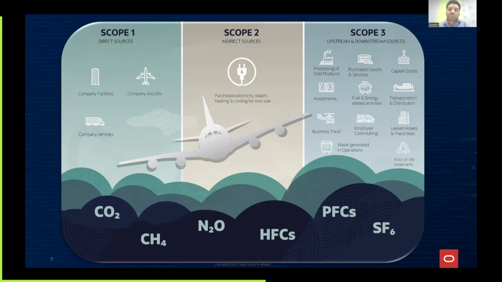And then we move on to scope 3, which is categorized as the upstream and downstream sources. To again quote an example from the airline industry, if I'm an airline company and I have procured, let's say, a Boeing aircraft or an Airbus aircraft, the Boeing aircraft that I have procured will be coming in from, let's say, the United States, from one of their facilities where it has been manufactured.